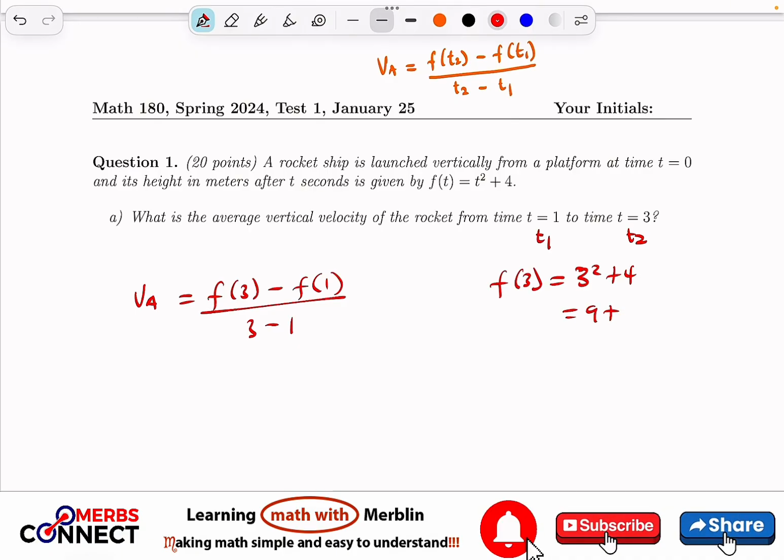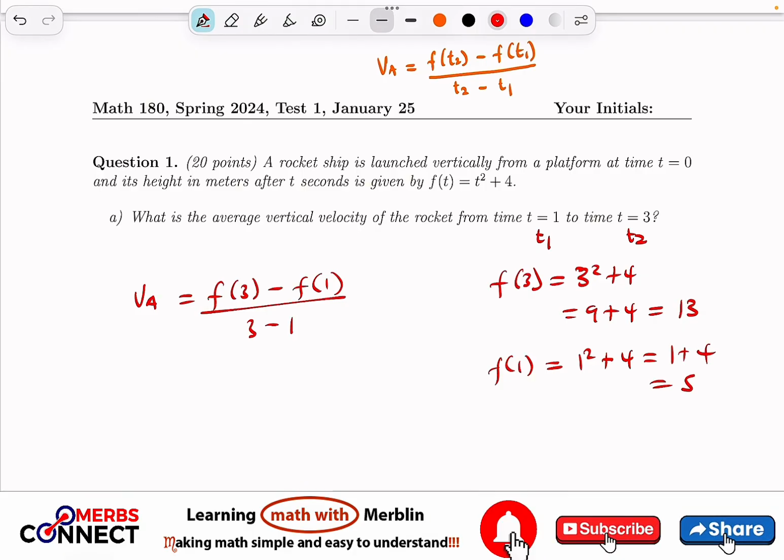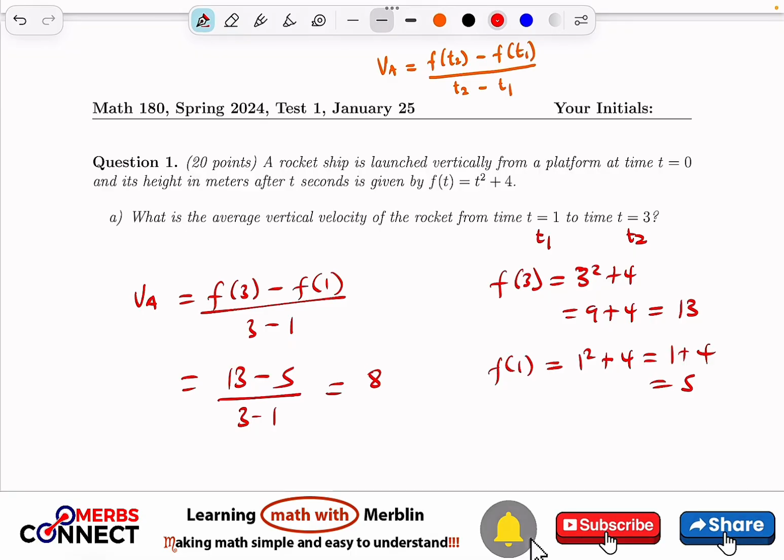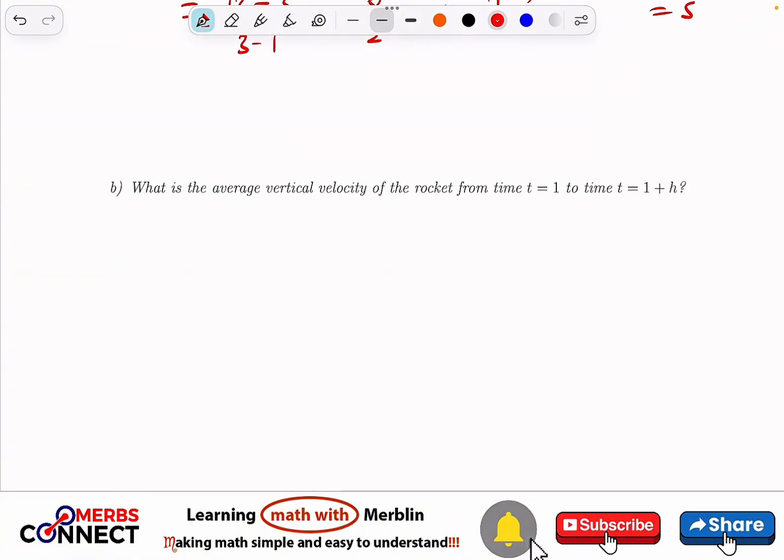This is 9 plus 4, and this is equal to 13. F of 1 is equal to 1 squared plus 4. This is 1 plus 4, which is 5. So this is going to give us 13 minus 5 divided by 3 minus 1. And this is going to give us 8 divided by 2, and this is 4. So you see that we have gotten the same result for 2023.